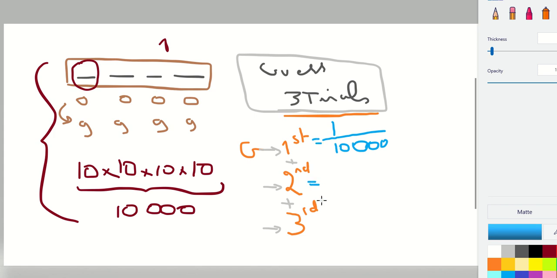Guessing in the second time means that the first time you guessed wrong, and the second time you guessed right. So you started with wrong on the first one and the correct at the second time. So the probability of guessing wrong the first time: we know there are 9,999 wrong over 10,000.